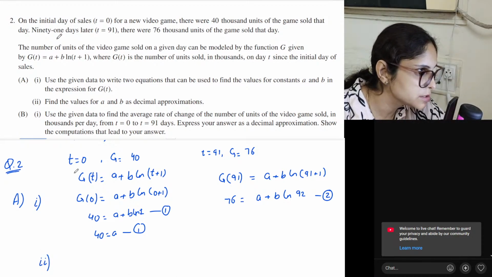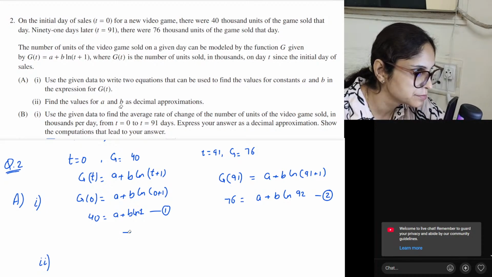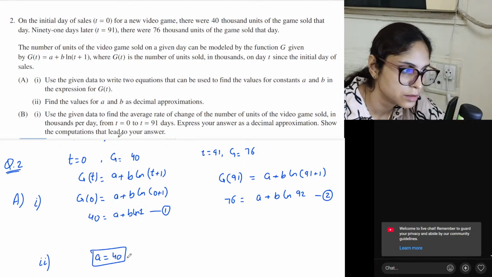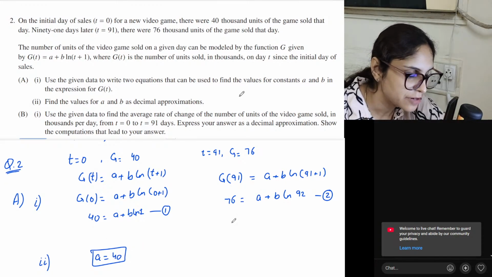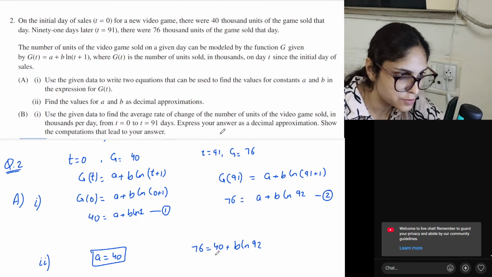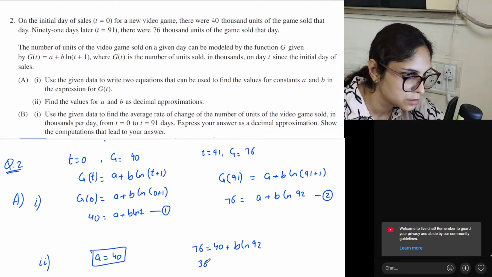So in second part, you can see that A is 40, because ln 1 is 0. And from here, we will get 76 is equal to 40 plus B ln 92. So 76 minus 40, 36 is equal to B ln 92, divided by ln 92 on both sides.